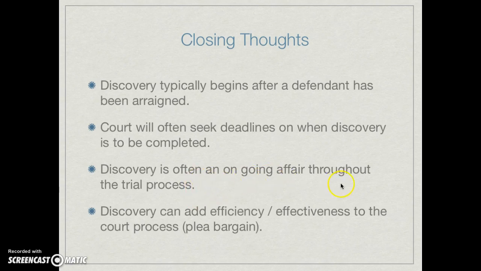Discovery is often an ongoing affair throughout the trial process, and I mentioned that in one of my previous short lectures, because certain tests, for example, lab work, may not come back immediately, and so once those items are returned, then obviously it's subject to discovery.